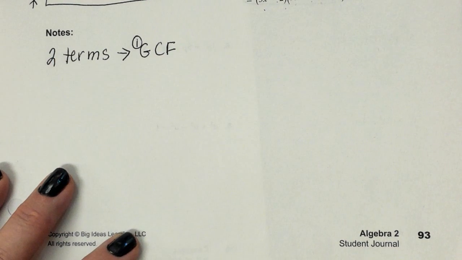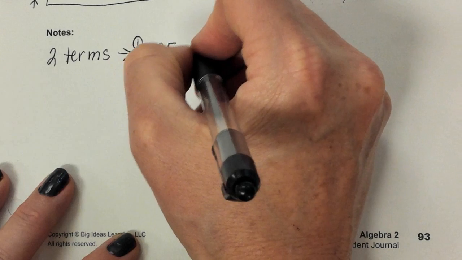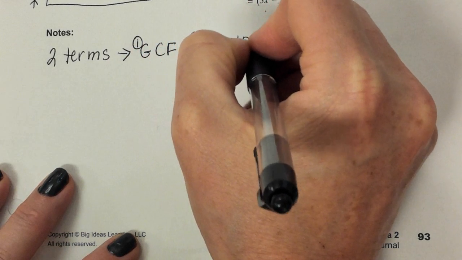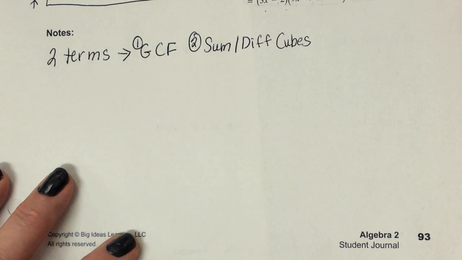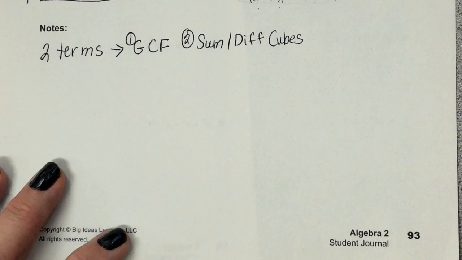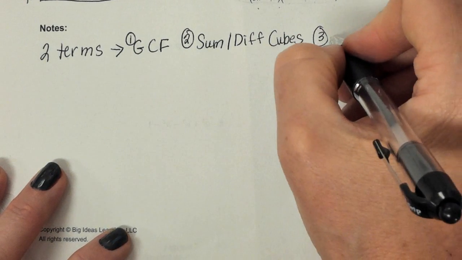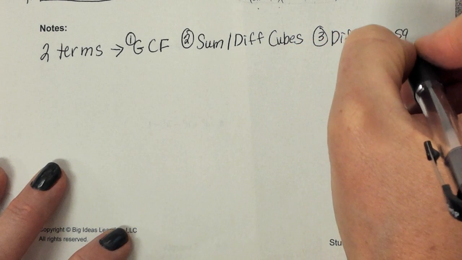The reason we want to do that is because our numbers will get smaller and easier to work with. Another thing we might have, if we have 2 terms, is we might have the sum or the difference of cubes. So we're going to look for that if we have 2 terms. The third thing we might end up having is the difference of 2 squares.